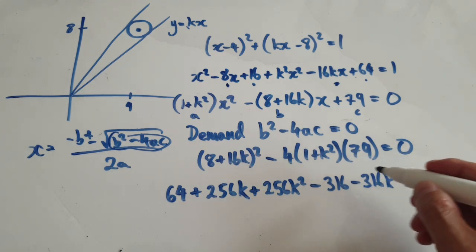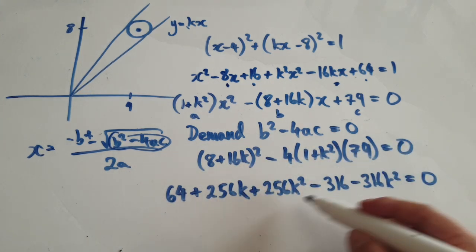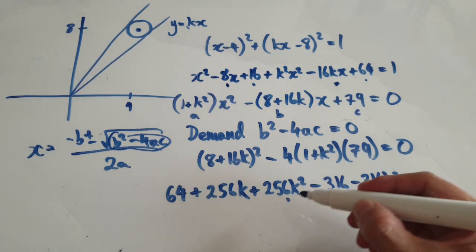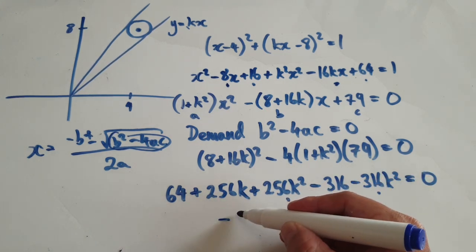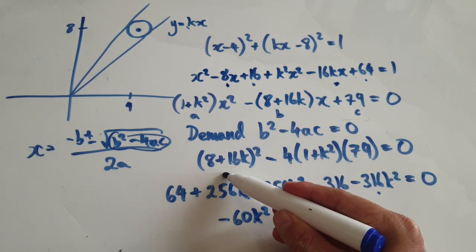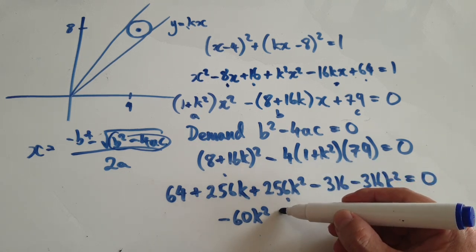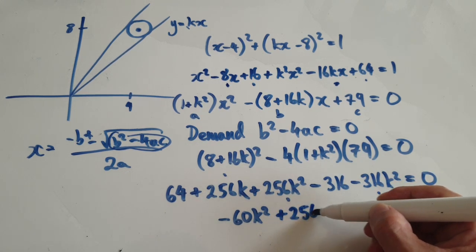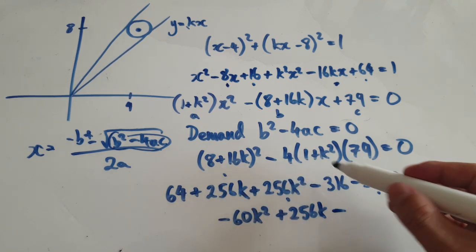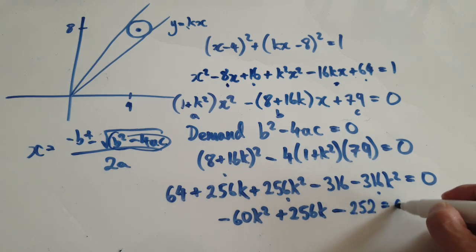Multiply everything out, and then tidy this up. Here you've got k squared terms, merge them together, it will give you negative 60k squared, and then you've got a k here and no other k, so that will stay the same, 256k, and then minus a single number, that would be 252, equals 0.